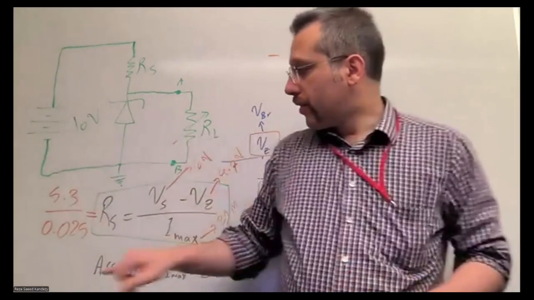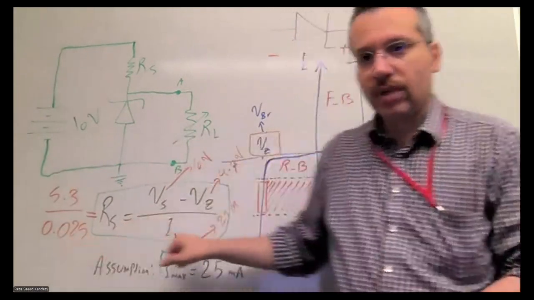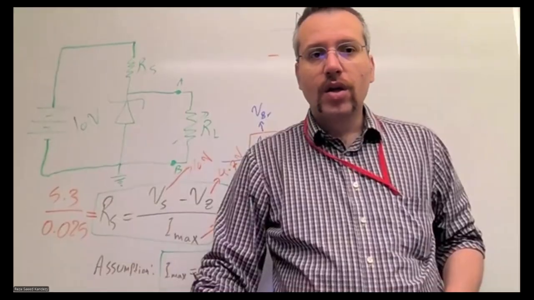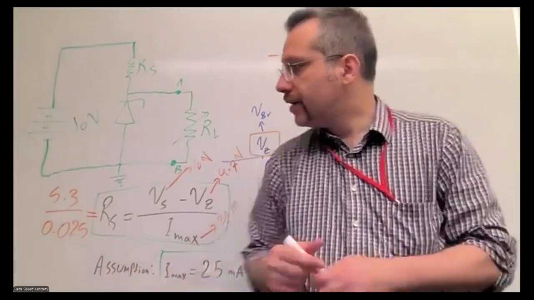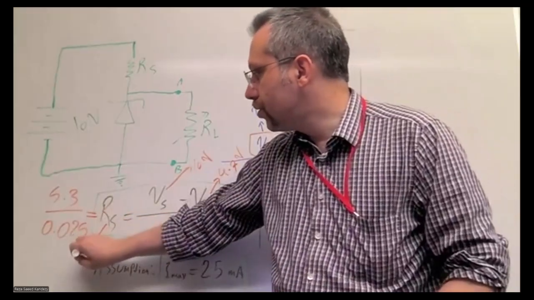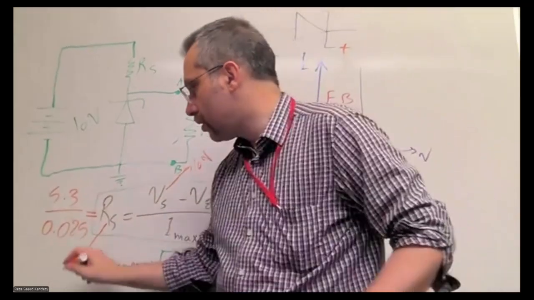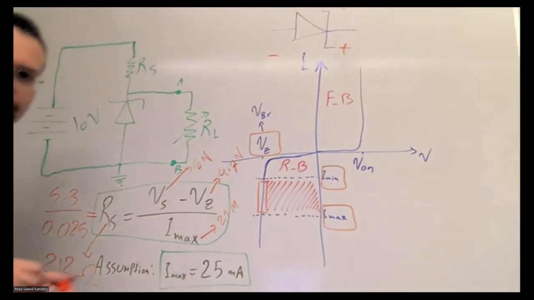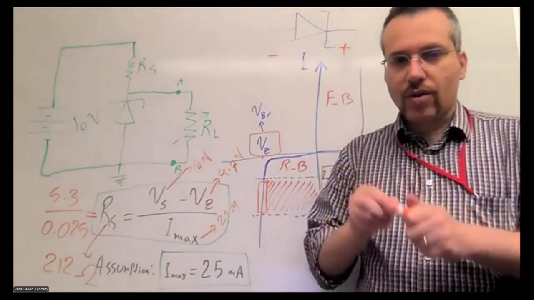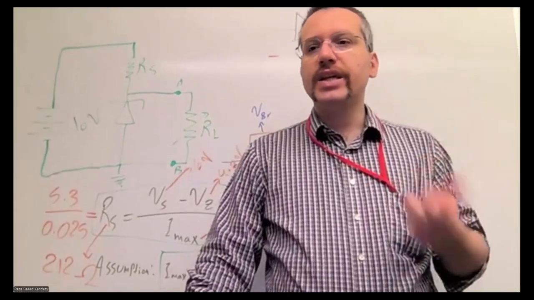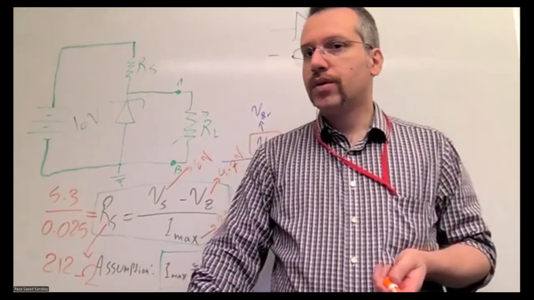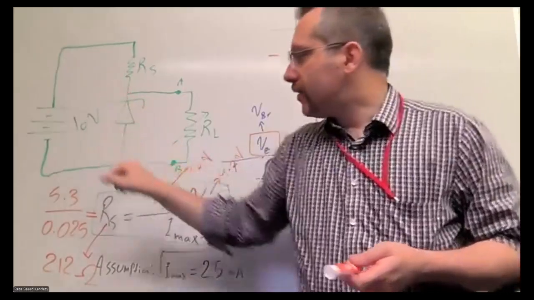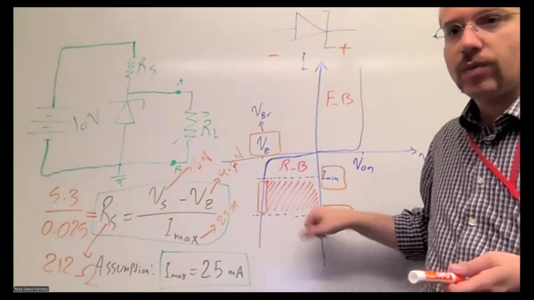Remember, it should be in amp value, so if you have milliamps, you need to change it to amps. If you do the math, our resistor is going to be 212 ohms. So basically we need at least 212 ohms in series with the diode, so we make sure that we avoid passing the maximum current.